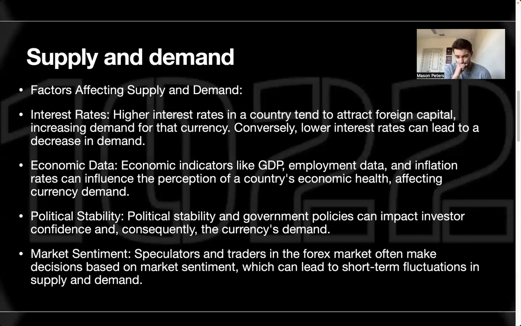When you're investing, you're going to demand a currency that is valuable. Hence why the dollar index, the Canadian dollar, the Australian dollar, the New Zealand dollar, the euro, the British pound, and the Swiss franc are the most dominating currencies in the market.